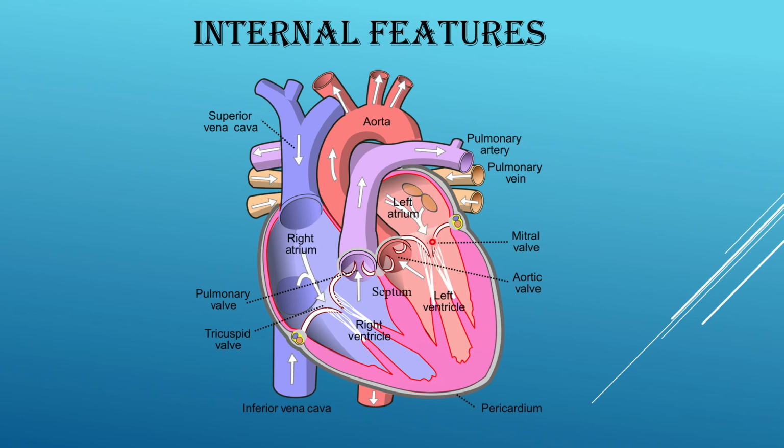The same principle is also followed on the left side between the left atrium and the left ventricle. And depending on the number of cusps, on the right hand side the valve is called the tricuspid valve, and on the left hand side between the left atrium and left ventricle it is known as the bicuspid valve or mitral valve. It is also called the mitral valve.